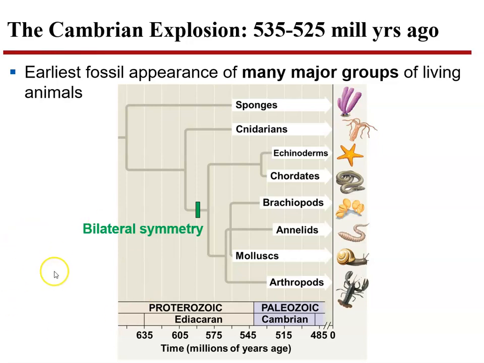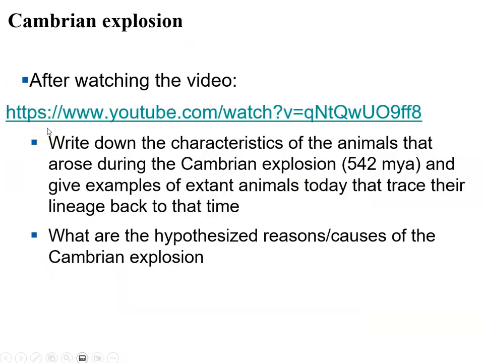So I'd like you to, like we did before with the Avalon explosion, where you learned first about the Ediacaran fauna, go ahead and pause this lesson now. Watch this video on YouTube, and while you're watching, write down the characteristics of the animals that arose during the Cambrian explosion.